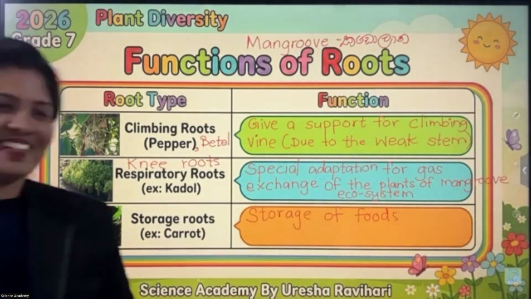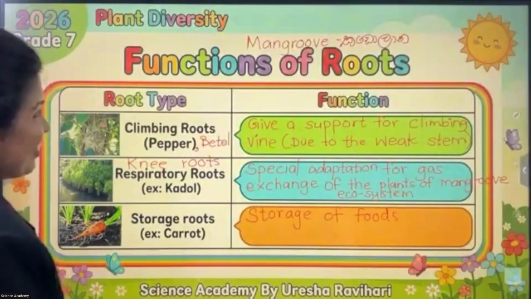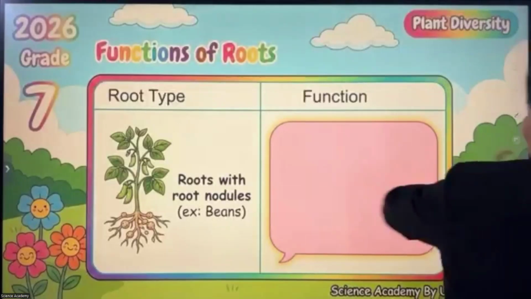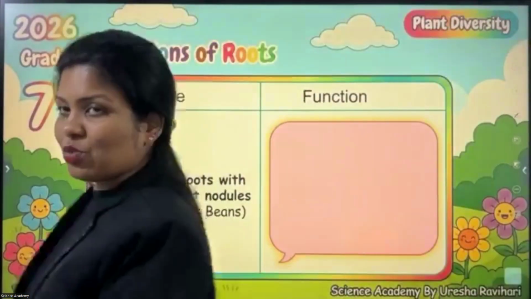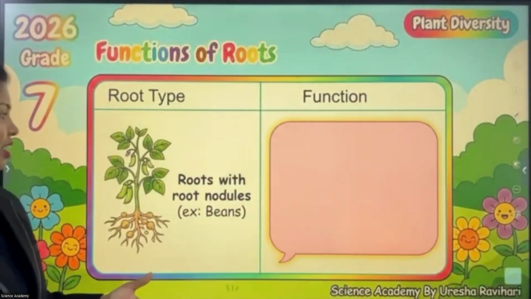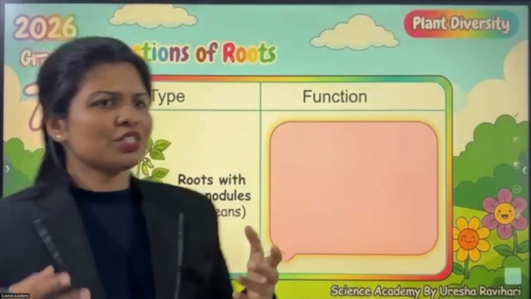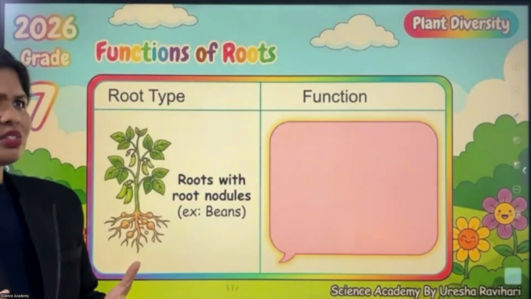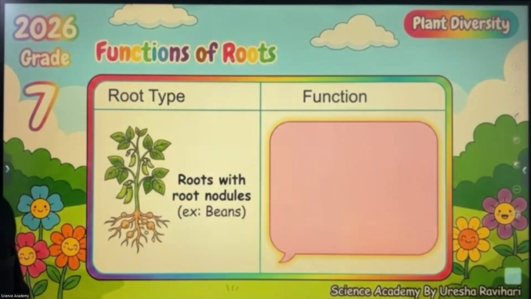Okay, right. So children, we are moving to the next. The next type of root is roots with root nodules. What are these things? Roots with root nodules.